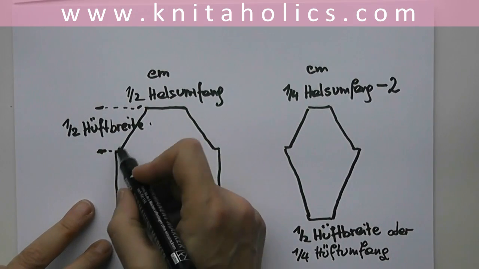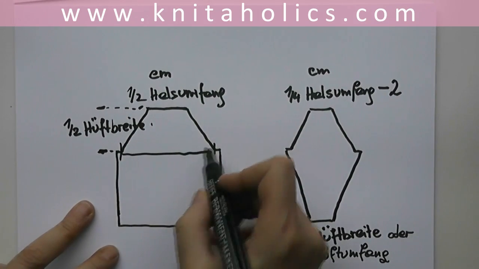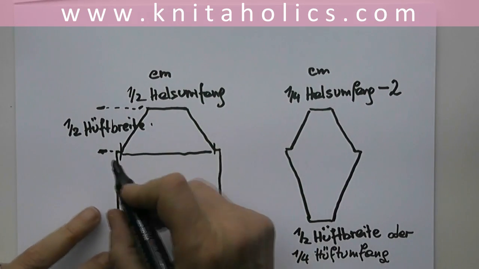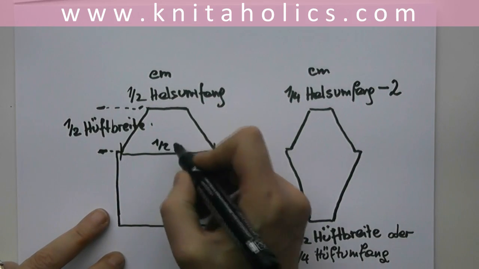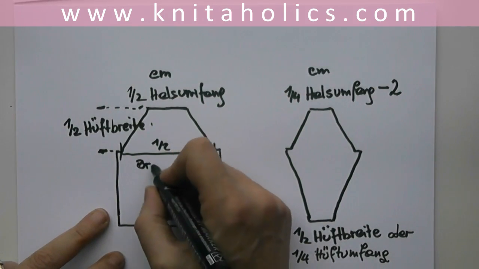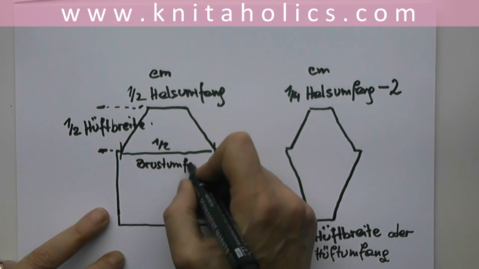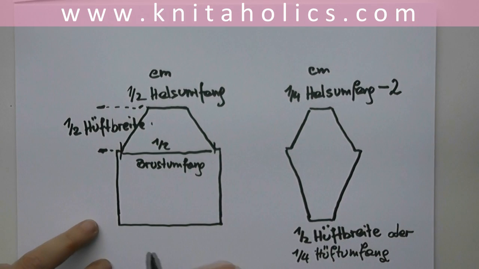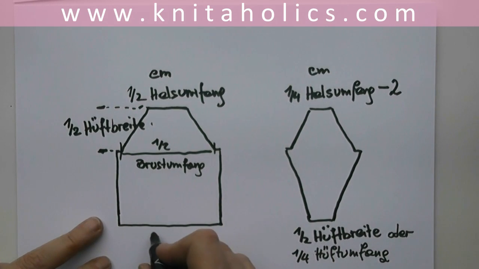Next, the width of the chest. For the front part, it's half of the chest circumference. And at the bottom, we have half of the hip circumference.